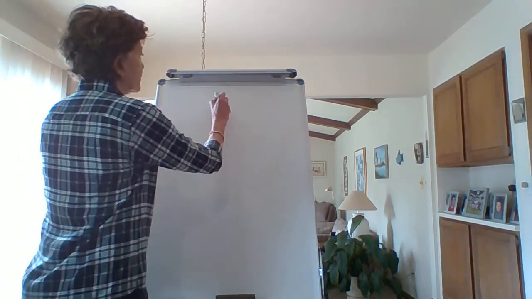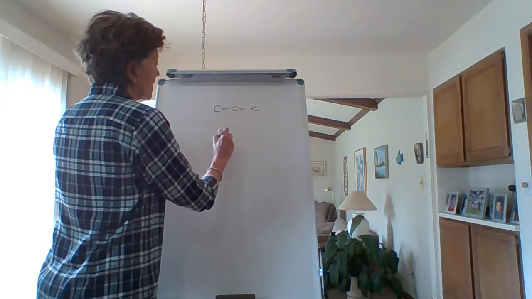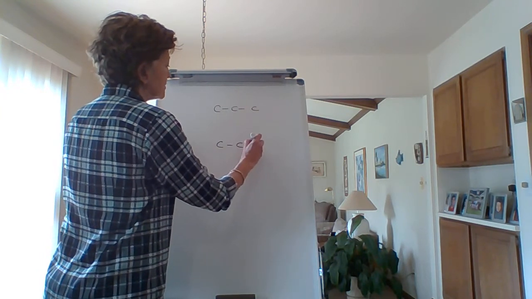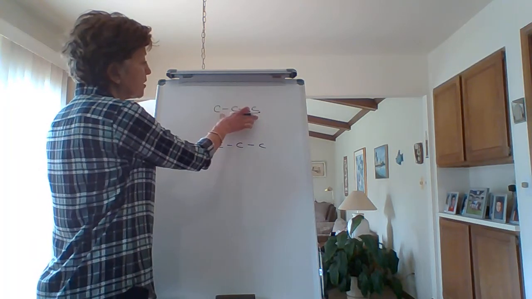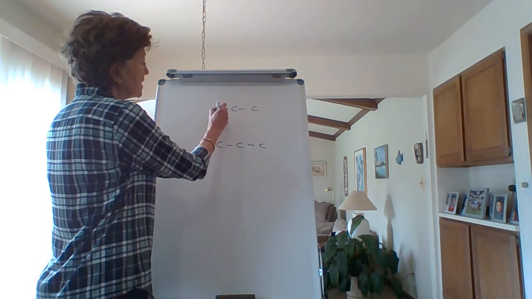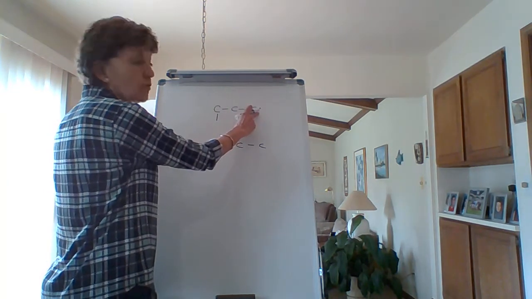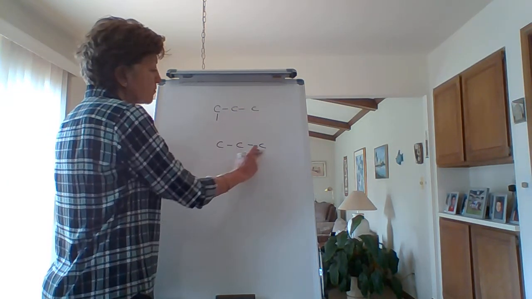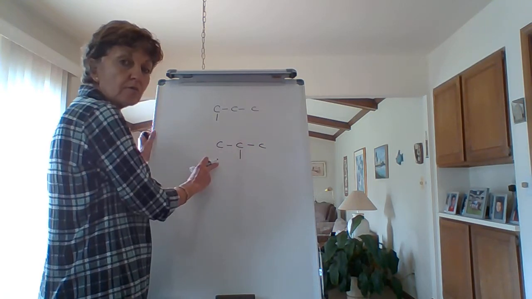There's a three carbon substituent like this, and then another three carbon substituent, and they look exactly the same, but this three carbon substituent is connected to the parent from the end carbons, either this end or this end. This three carbon substituent is connected from the middle carbon.